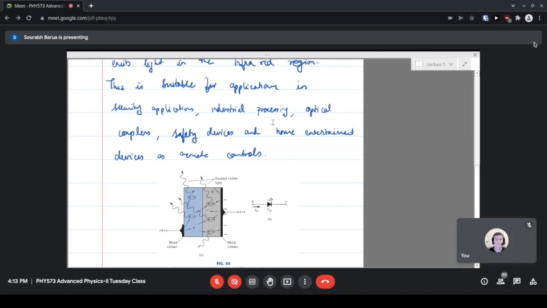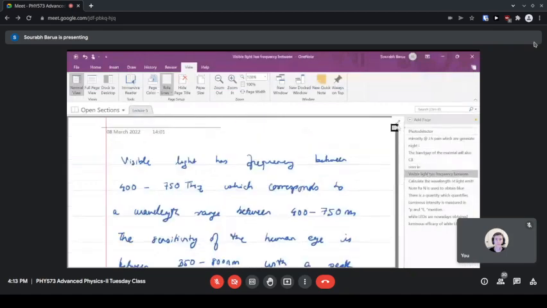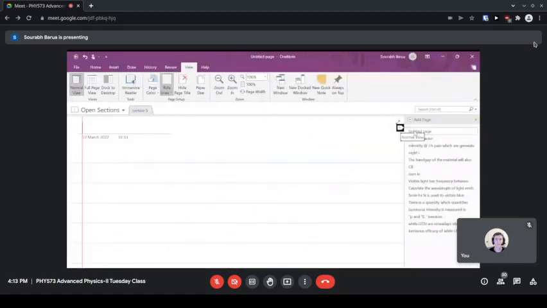So basically it couples two things using light. And then you have remote controls in your homes, which also use infrared LEDs. Okay, so next I was talking about visible light.